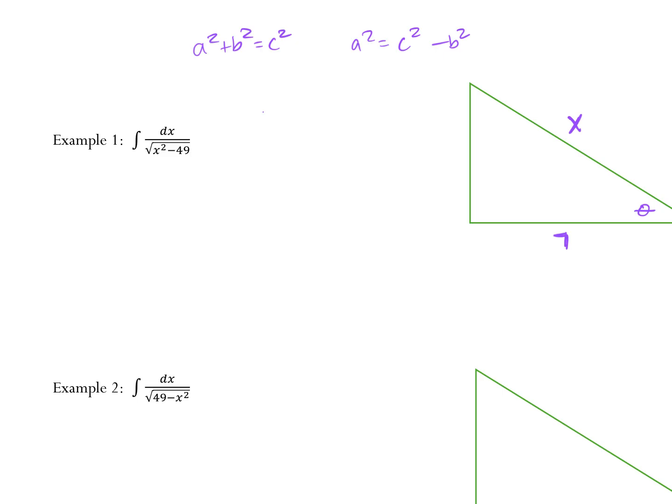Okay, so we can say that the secant of theta is x over 7. So likewise, would you guys be comfortable with me saying x is equal to 7 secant theta? Everybody good? And likewise, that would make my one side I haven't labeled yet the square root of x squared minus 49.